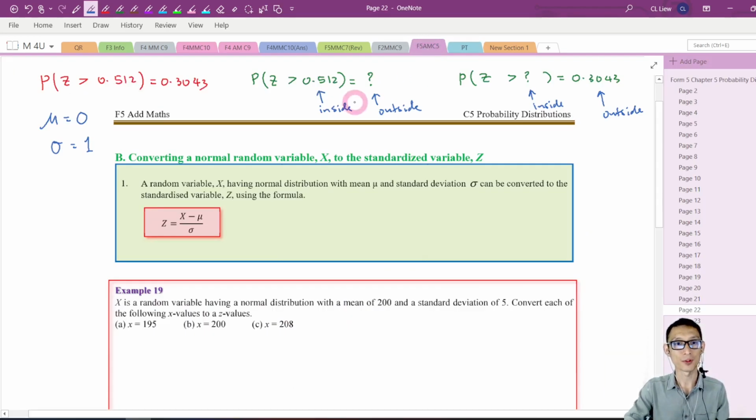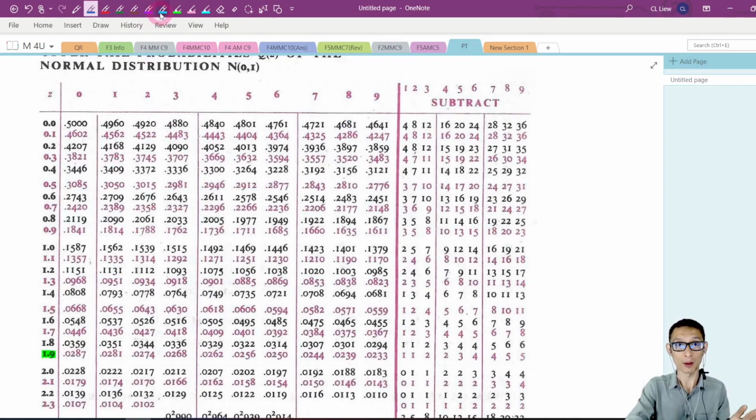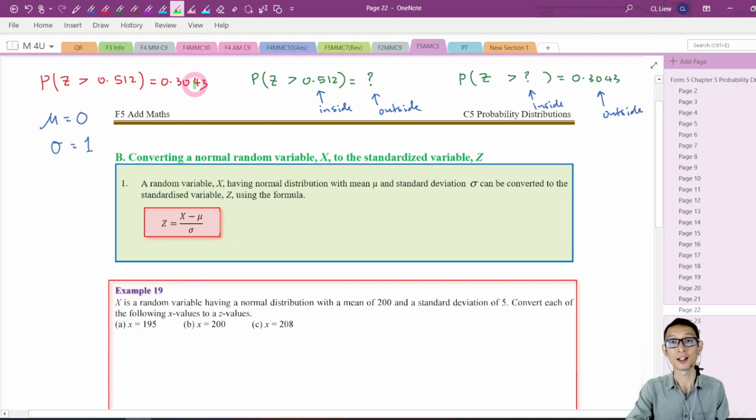For example, 0.5, 1, 2. So 3050 minus 7, you get 3043, 0.3043. So this is when we want to find the value for outside.